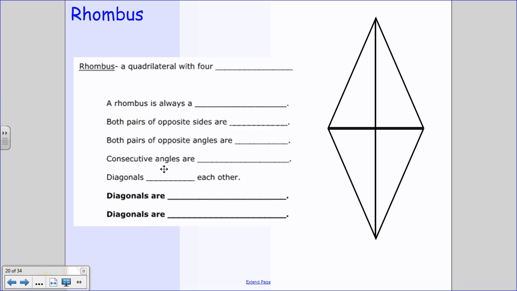A rhombus is a quadrilateral with 4 congruent sides. So you have this side congruent with this side, congruent with this side, congruent with this. A rhombus is always a parallelogram. So the properties that a parallelogram has, a rhombus will also have.